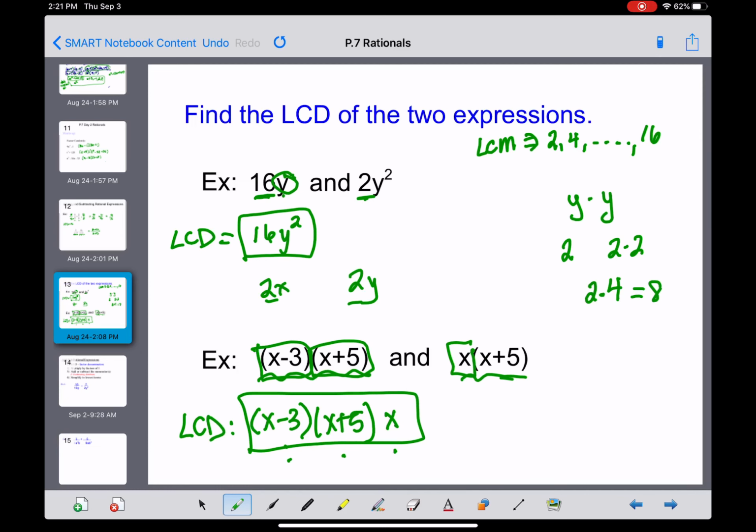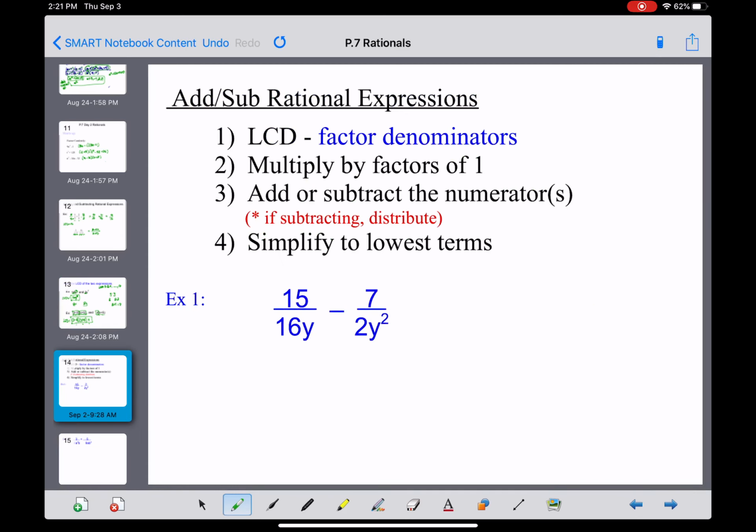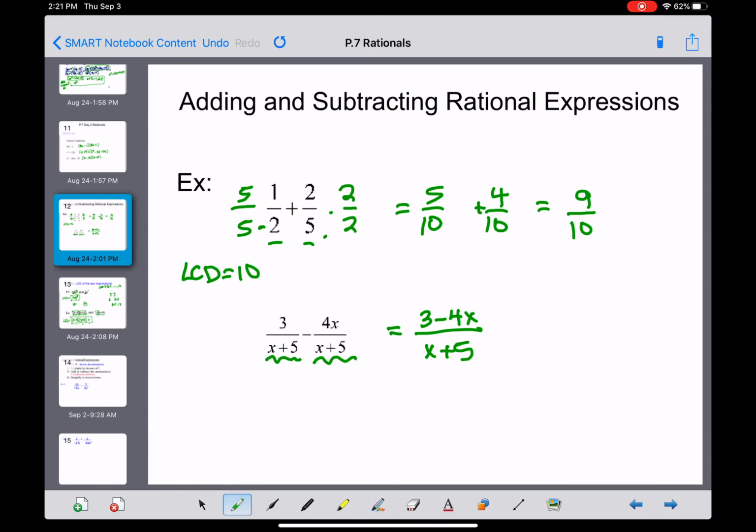If you're still struggling, remember, ask questions. Okay, so when we're adding and subtracting rational expressions, the first thing you have to do is find the LCD. That's what we were just practicing. Factor the denominators, find your LCD. Then, if we think back to what we did over here, once we knew what our LCD was, we had to multiply by 1, essentially.